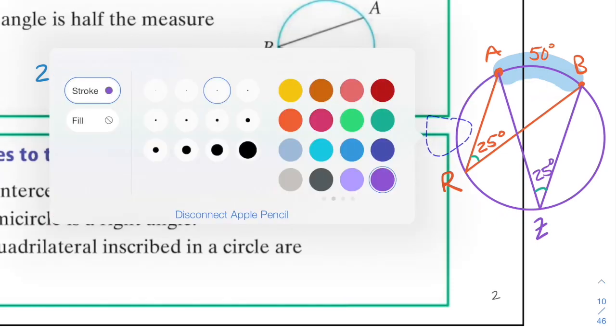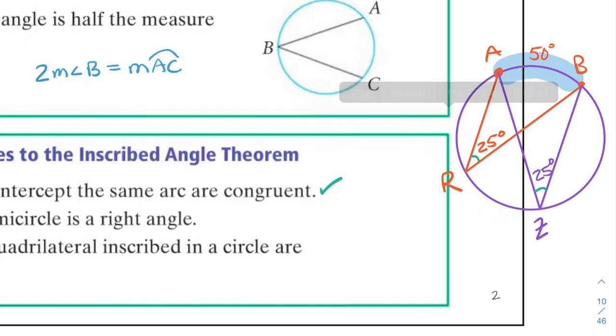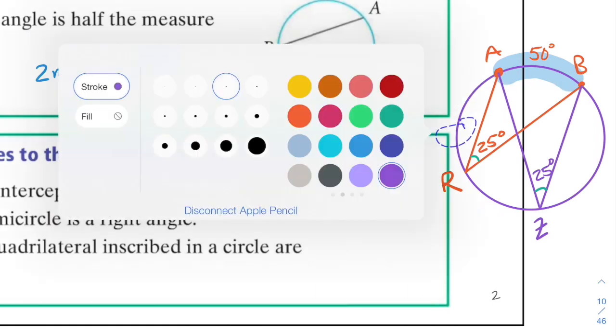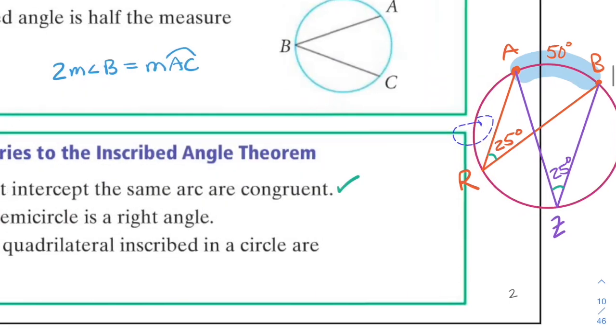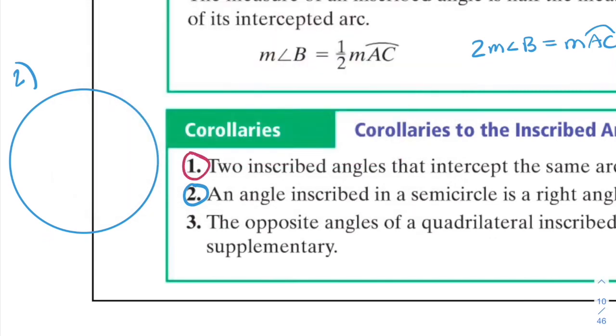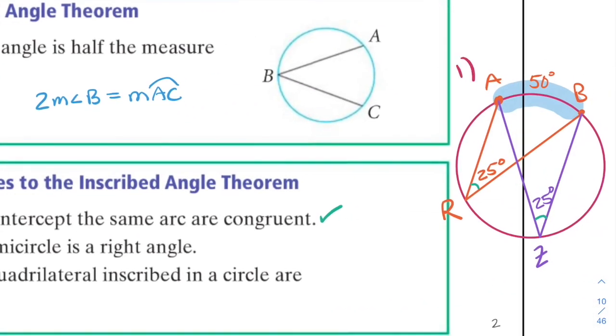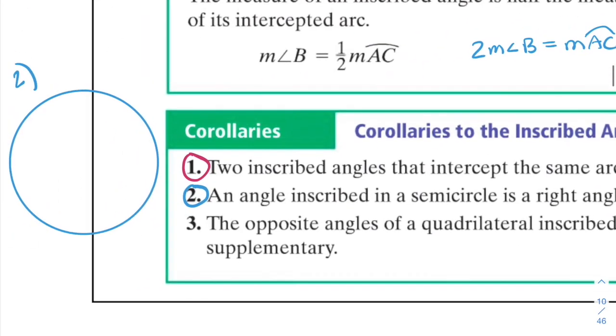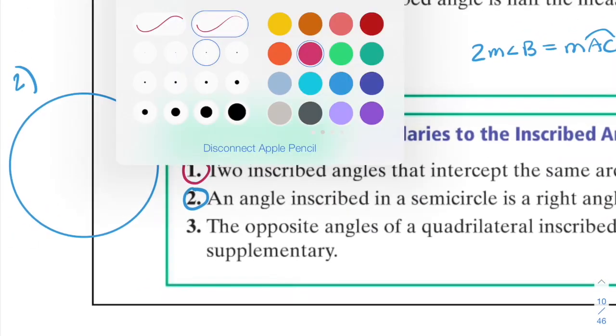I keep doing what I don't want to do. Let's change this one pink, and I will circle this one so we know that the pink one is off to the right. There we go. That's number 1. This is number 2.